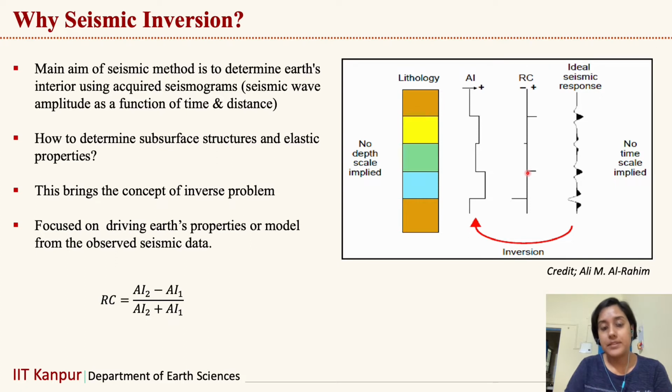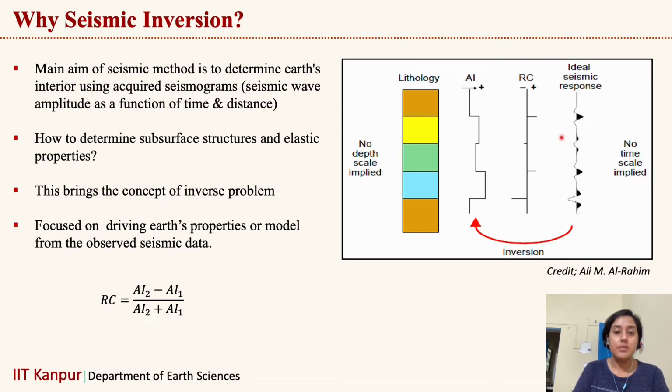What happens during the seismic survey, as I discussed earlier in my lecture, is that we send the source wavelet using the source, which could be a thumper or vibrating gun. When this source wavelet gets convolved with this reflection coefficient series, we get the seismic response.